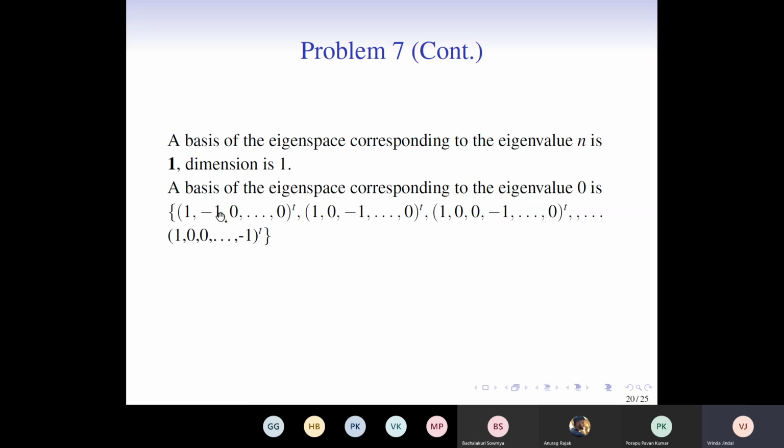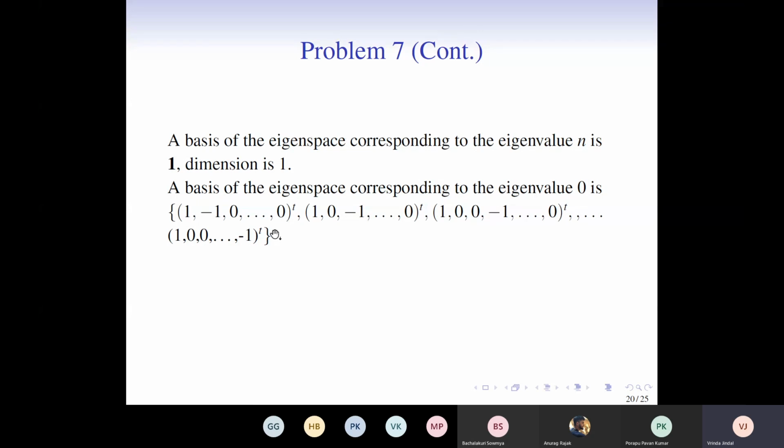And for the first special value, you put x2 as minus 1 and all other n minus 2 elements as 0. For the second element in that basis, you put x3 as minus 1 and all the other elements are 0. Because Ax equal to 0, what does it say? It just says that the summation of xi equal to 0, because all the elements of Jn are equal to 1 now. So you just put in these special values and you'll get one of the bases.